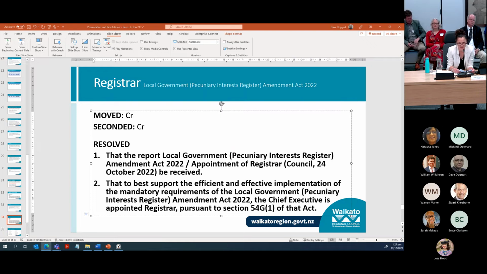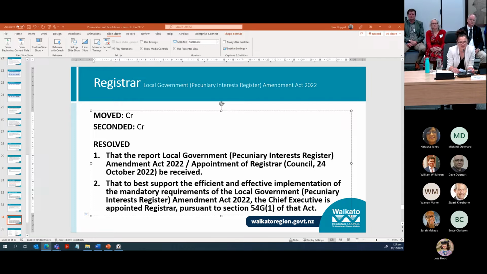Essentially, what we are recommending here is that to meet a new obligation as a result of this particular new legislation, you, council, must appoint a registrar to maintain a pecuniary interest registry, amongst other things, like making sure that you're well supported and understand your obligations under that act, and that we make the information that we collect in that respect publicly available.